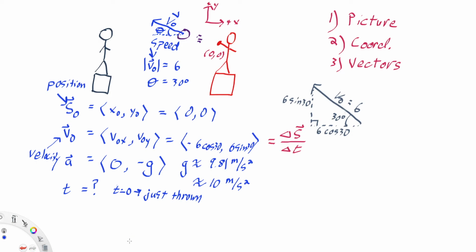So we tack on a negative sign there, a negative sign on the initial x velocity.